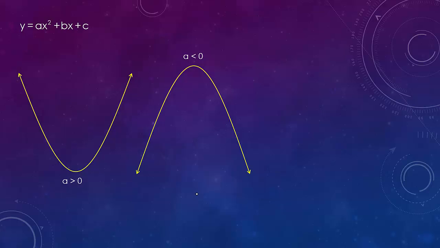Now the next three things I'm going to draw all for a greater than 0, but the same situation occurs when a is less than 0 as well. So this situation here has a curve which cuts the x-axis twice.